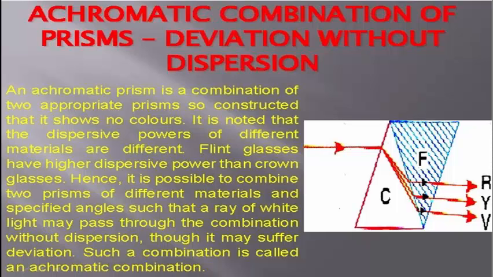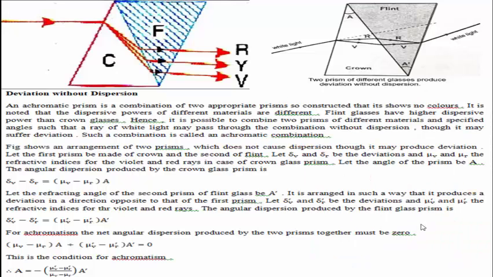Hence, it is possible to combine two prisms of different materials and specified angles such that a ray of white light may pass through the combination without dispersion, though it may suffer deviation. Such a combination is called an achromatic combination.